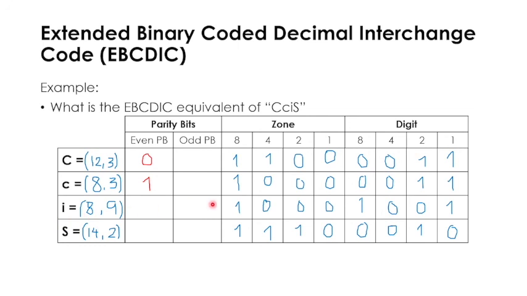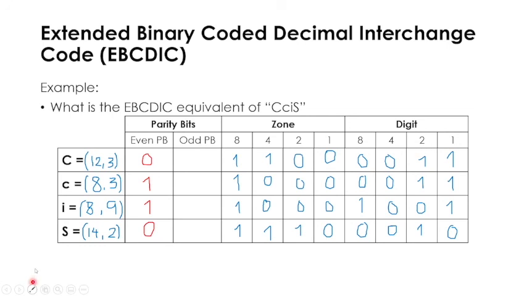Next we have letter I, 1, 2, and 3. Also, the even parity bit for this will be 1. And for letter S, we have 1, 2, 3, 4. So the even parity bit will be 0. So this will be the EBCDIC equivalent of CCIS if we are using the even parity bit.